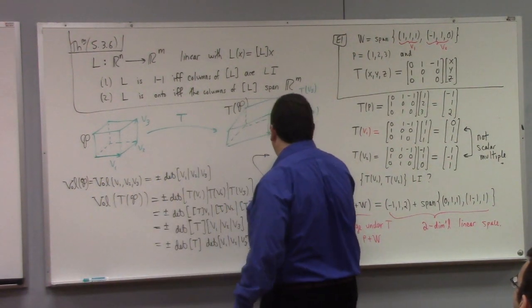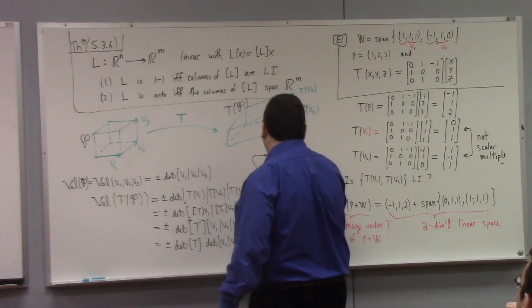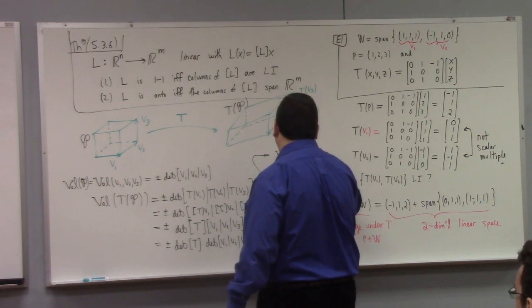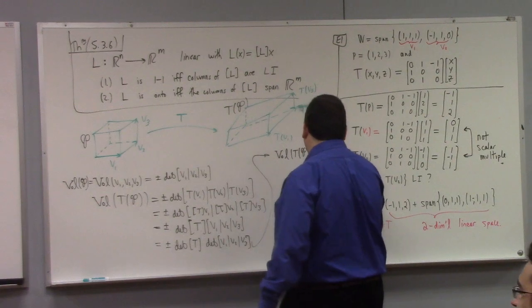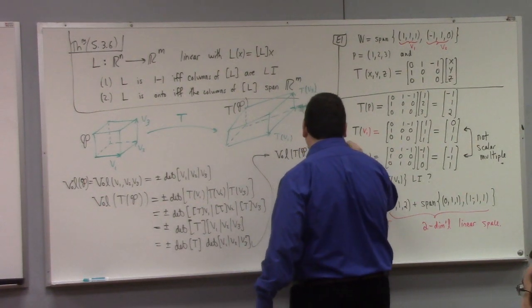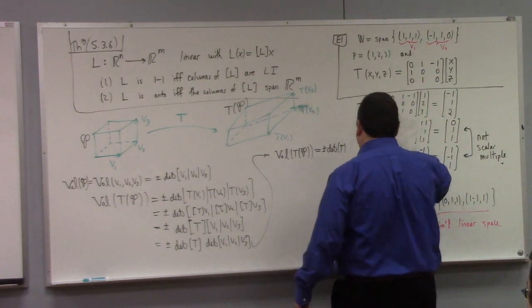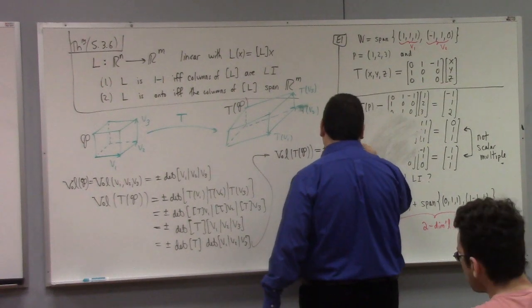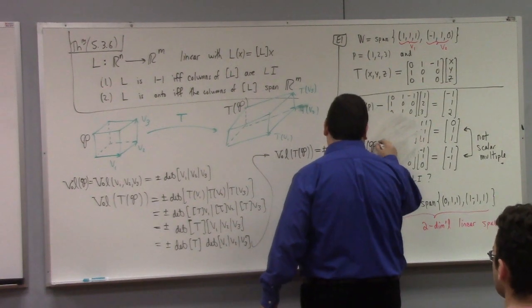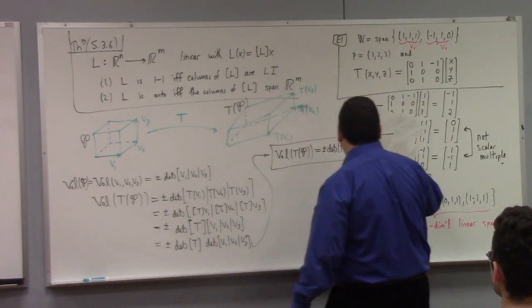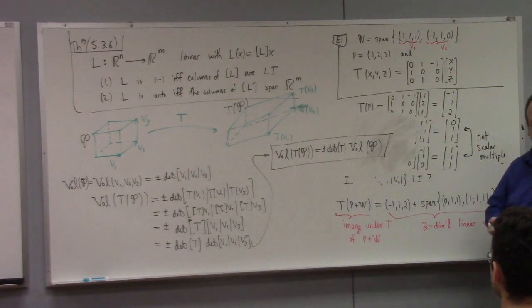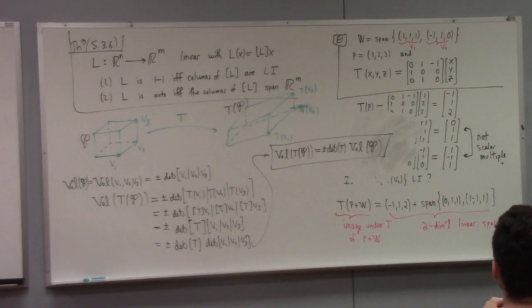So we get the following result. The volume of the image of a parallelepiped is equal to plus or minus the determinant of T times the volume of the original parallelepiped. So the determinant of the transformation tells us how the volume of a unit cube, in particular, will rescale.